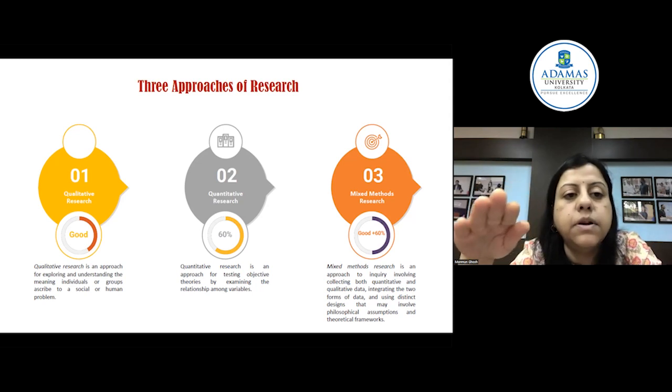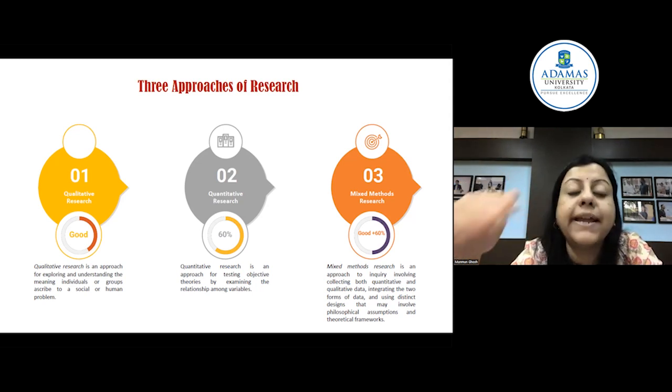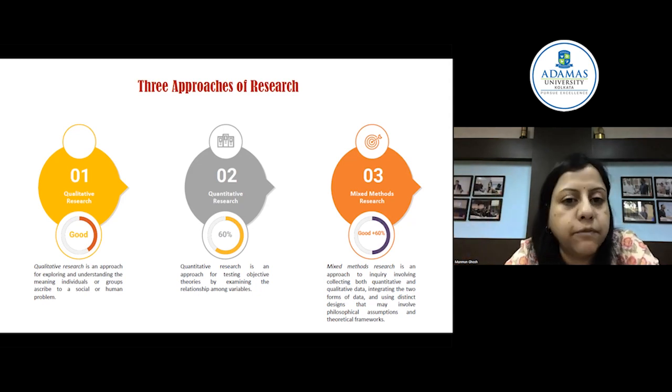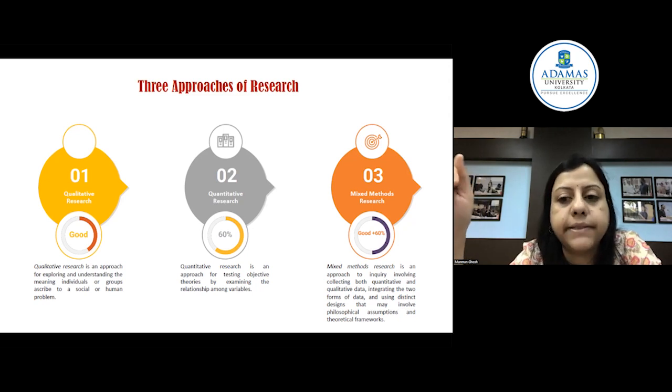In today's world, while writing a research paper or getting it accepted by a reputed journal, particularly Scopus and Web of Science, it is very important that you go ahead with mixed method research. Mixed method means a good blend of qualitative as well as quantitative.